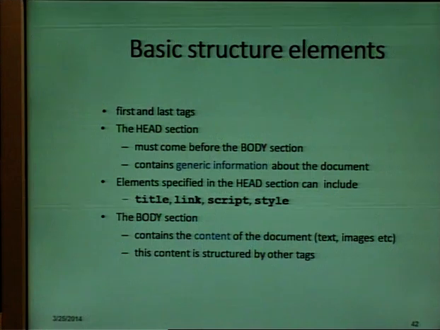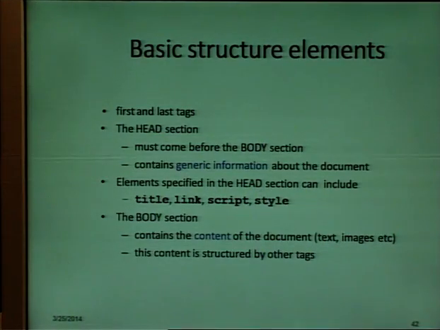Then the next is basic structure elements whenever you are designing an HTML page, first and last tags. Then the next is the head section. It must come before the body section, because the body section contains the body of your web page. First of all, you would have the HTML tag, then you can have the title tag. You can specify the title of your web page. After that comes the head section. It contains generic information about the document.